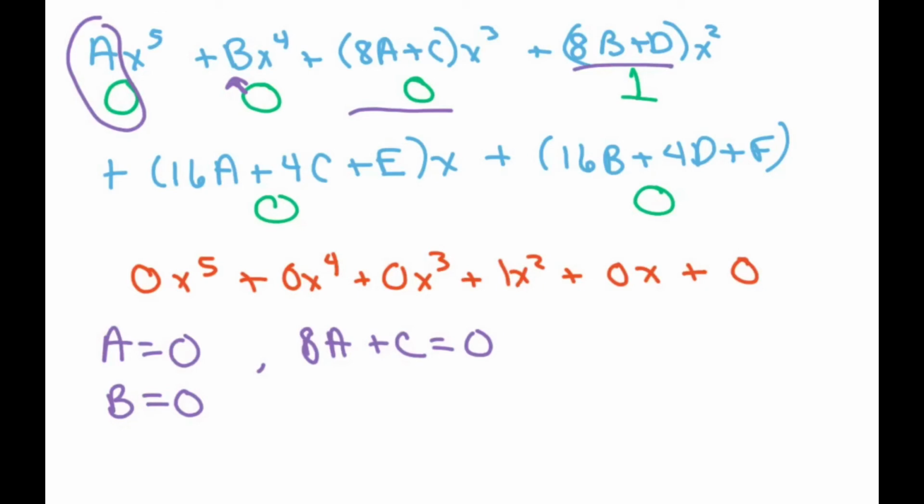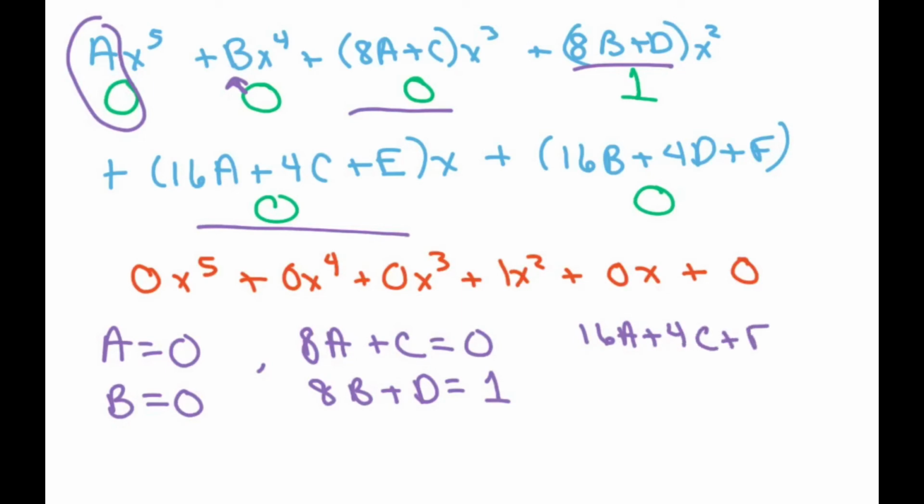For this one we have 8B plus D equals 1. This one we have 16A plus 4C plus E equals 0. And for this one, we have 16B plus 4D plus F equals 0.